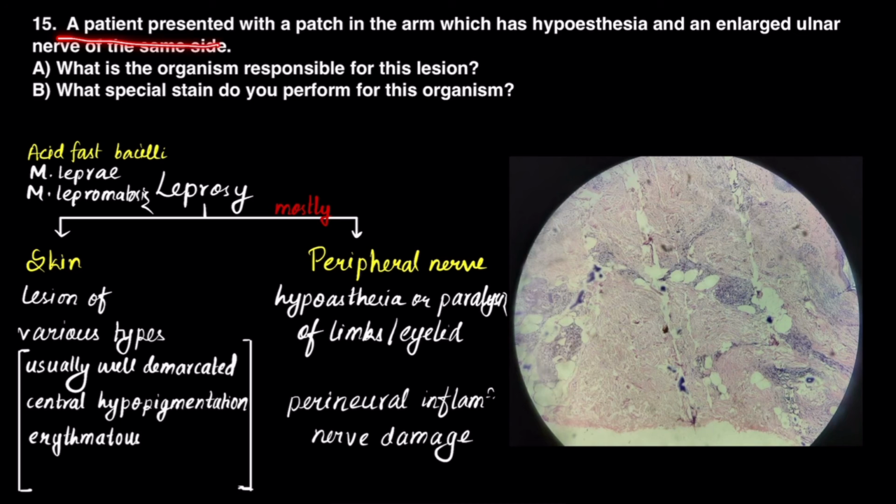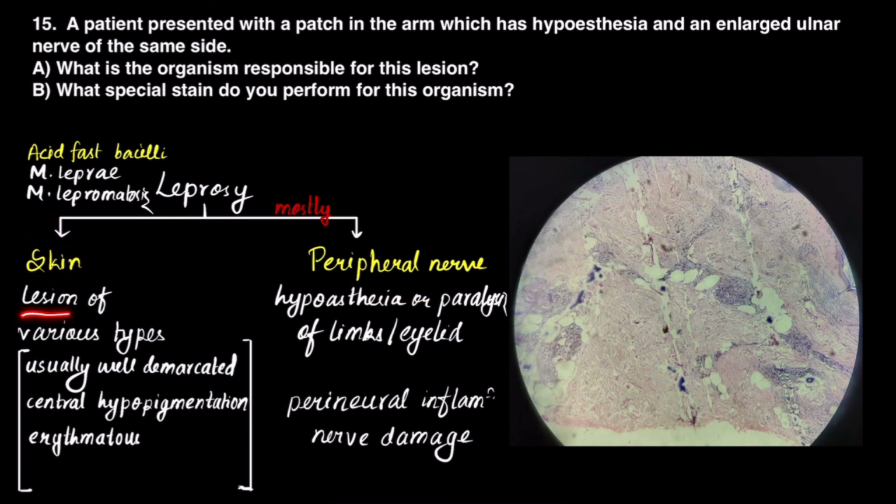A patient presented with a patch in the arm which has hypoesthesia and an enlarged ulnar nerve on the same side. Leprosy is caused by acid-fast bacilli, Mycobacterium leprae or Mycobacterium lepromatosis. During leprosy, two parts mostly get affected: the skin and peripheral nerves.